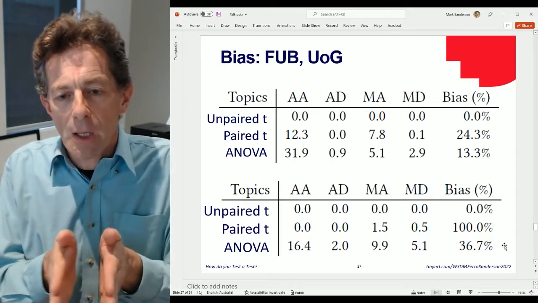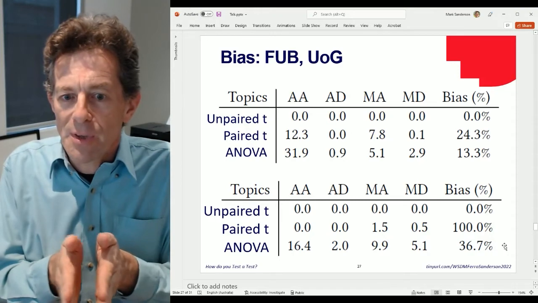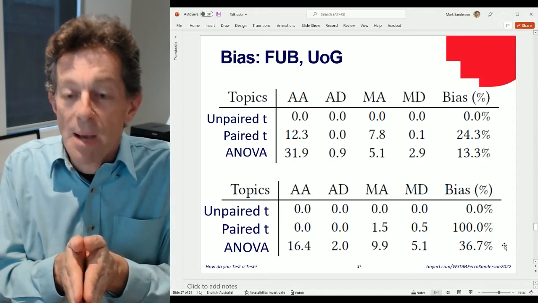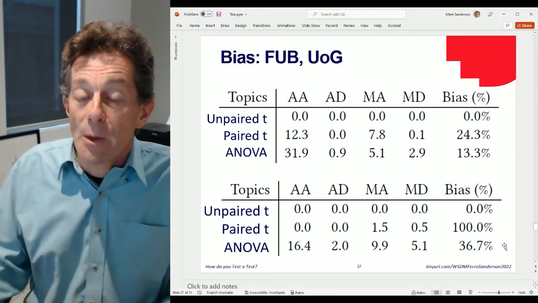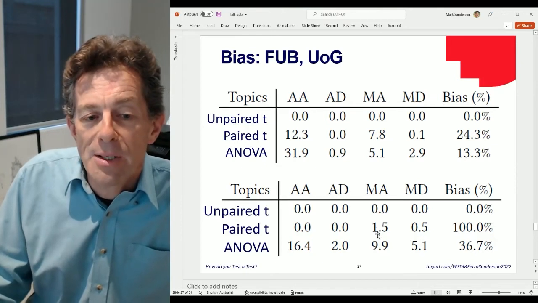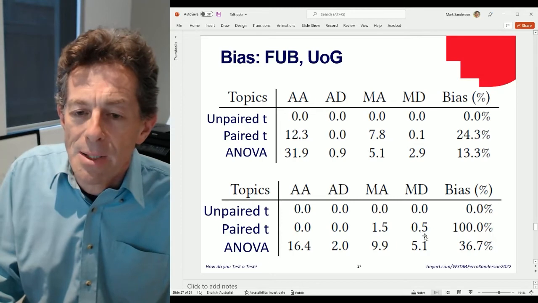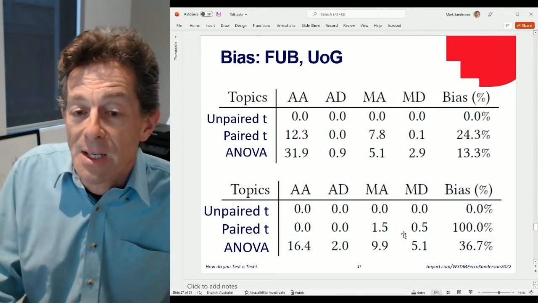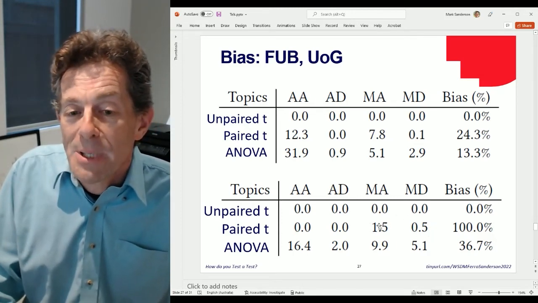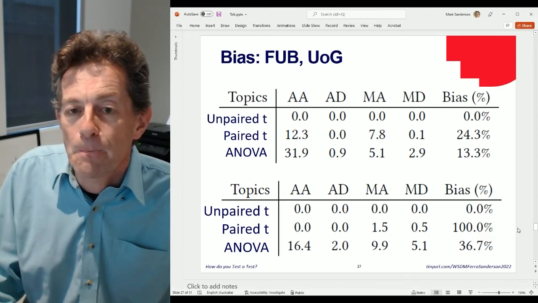And when runs are very close to each other, it's quite difficult for significance tests to separate those accurately. And we see that with both the paired test and the ANOVA test. The ANOVA test is much more willing to find significance than the paired test, but when the paired t-test finds significance, it's in these potentially biased situations.